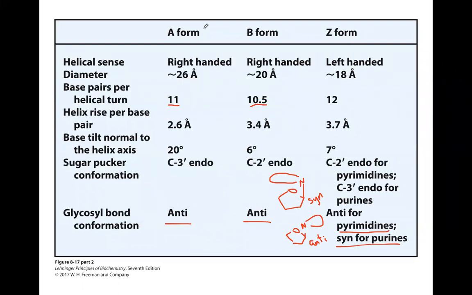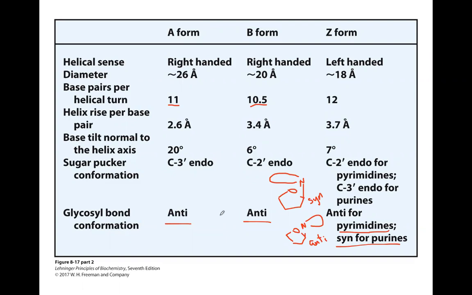Perhaps in the cell, when it's fully hydrated, the A form never even occurs. So we don't know that, right? Because unfortunately, we don't have ways to visualize the DNA conformation in the nucleus in the cell at this point.